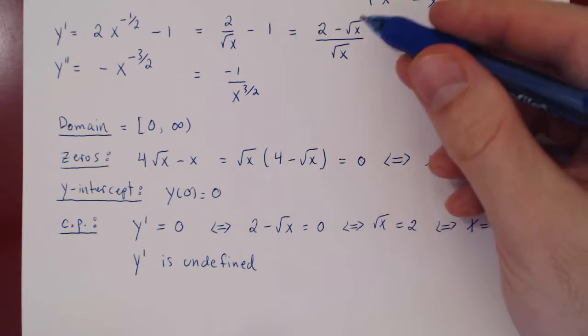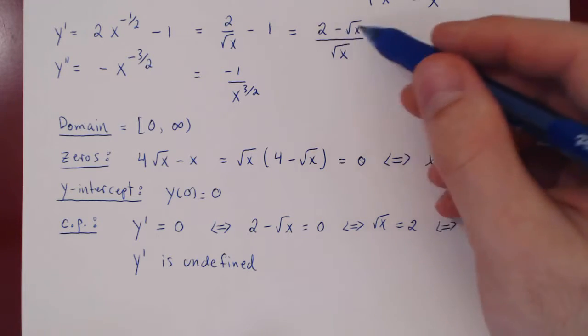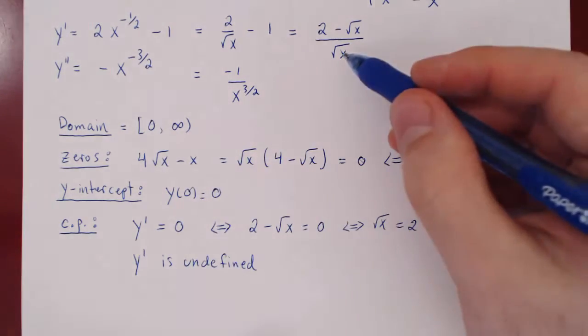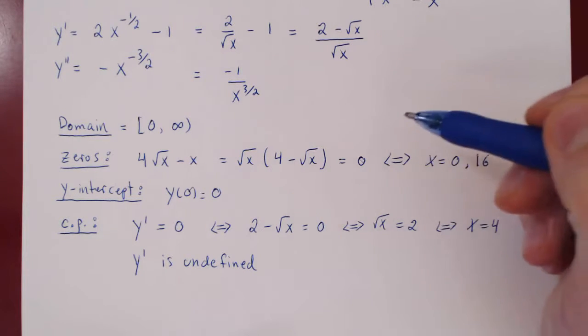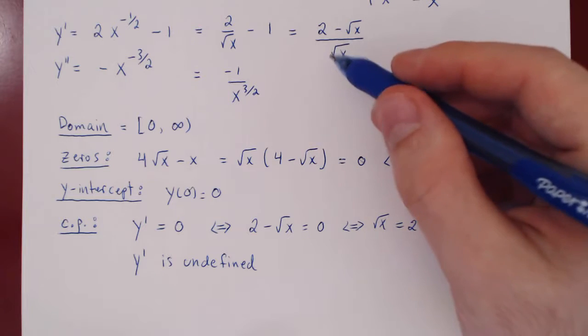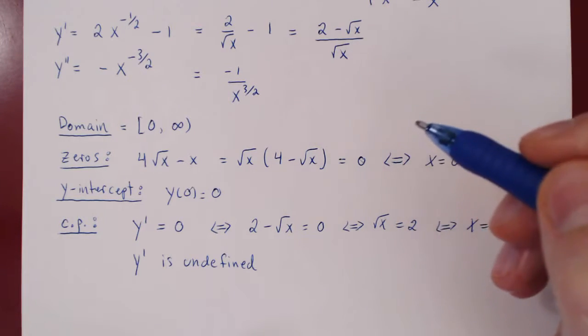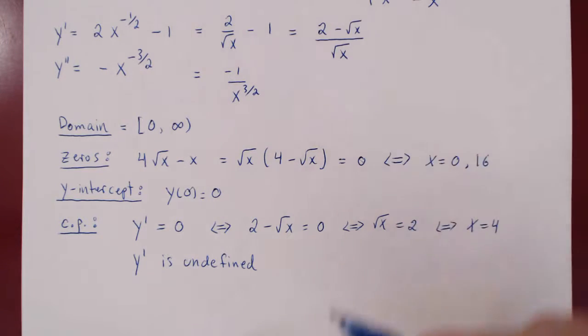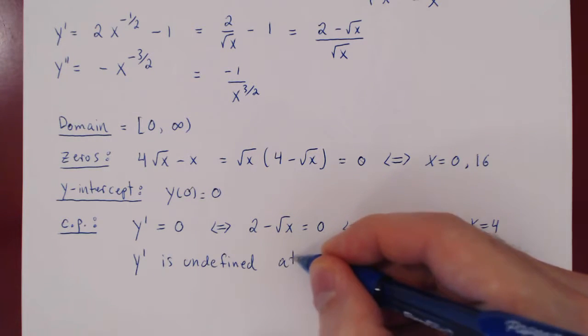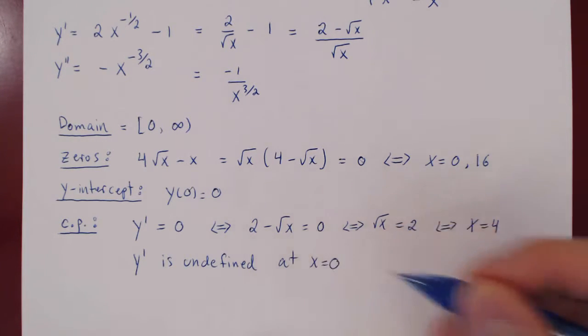Again, the derivative is a fraction. Both the numerator and denominator are defined for non-negative values of x, but we cannot afford to have a division by 0. So if x is equal to 0, we have a root of 0 on the bottom, which is 0, and therefore the derivative is not defined. So y prime is undefined at x equals 0.